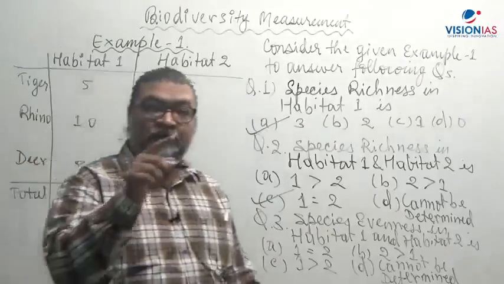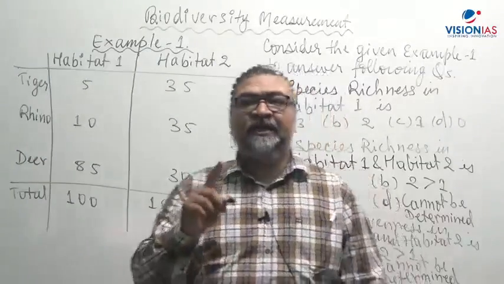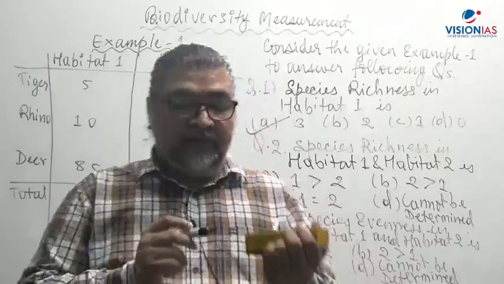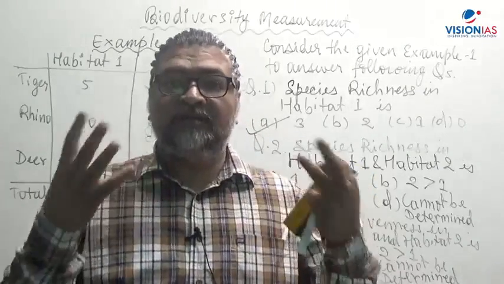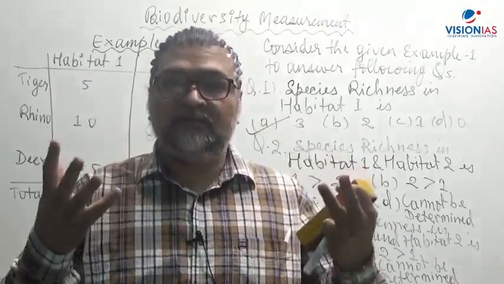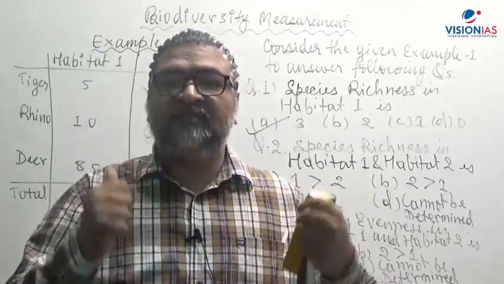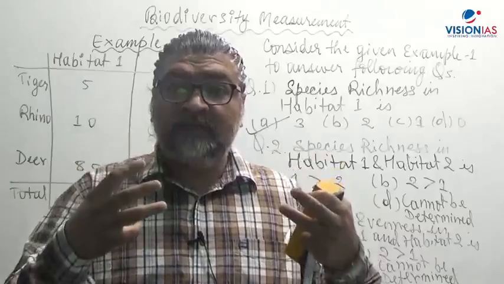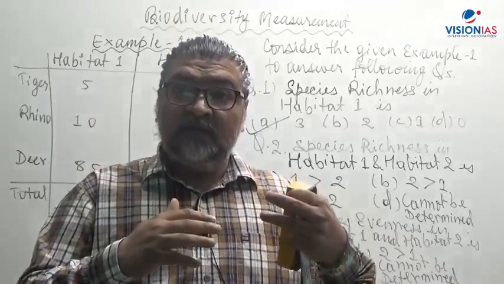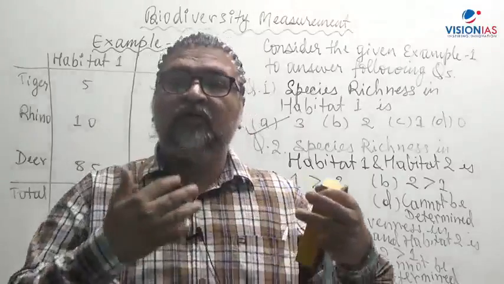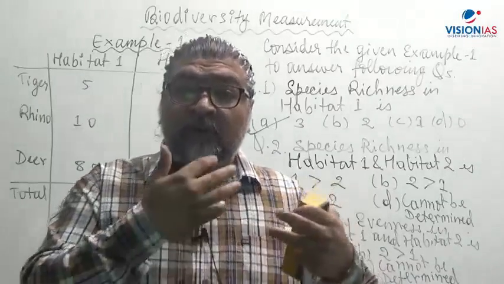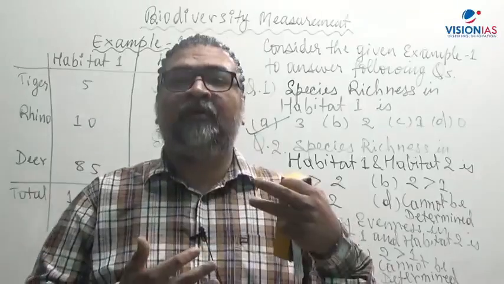Now coming to evenness. Yesterday I defined in the classroom, evenness is the abundance. How abundant that particular species is there. What is the number of species? Is it equal or unequal? Is it even or non-even? Is it uniformly distributed or non-uniformly distributed?